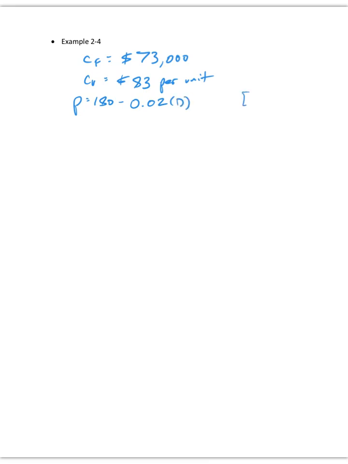Remember, this is in the form P equals A minus BD. And we want to know what is the optimal volume demand. How many of these do we want to sell? And once we do figure that out, we want to confirm a profit occurs.